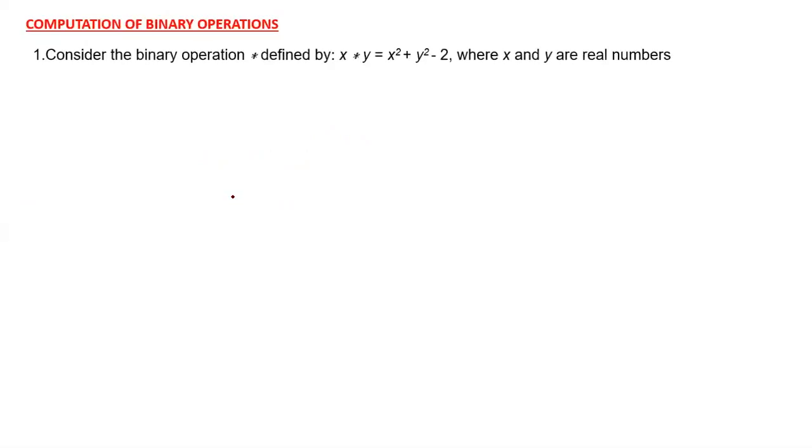So let us now look at the computations of binary operations. This is an example here. Consider the binary operation star defined by x star y equals x squared plus y squared minus 2, where x and y are real numbers. What you need to understand is that every time you are dealing with these operations, they are going to specify the outcome that you need to have.